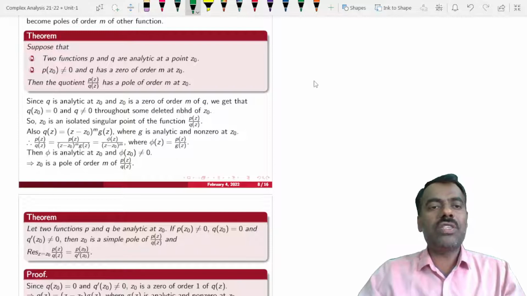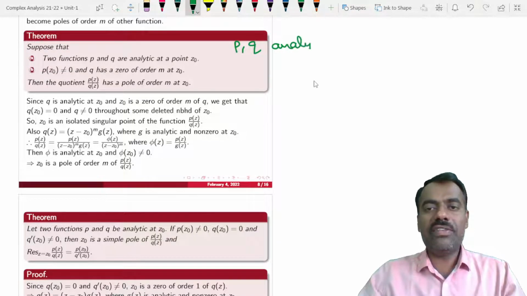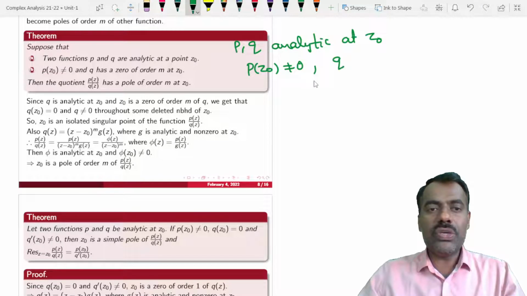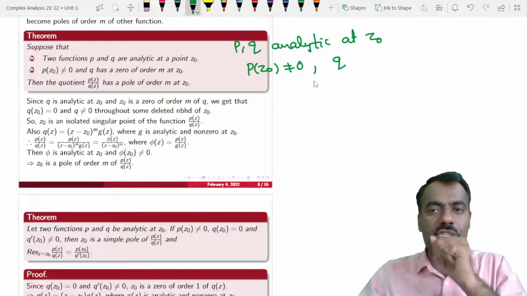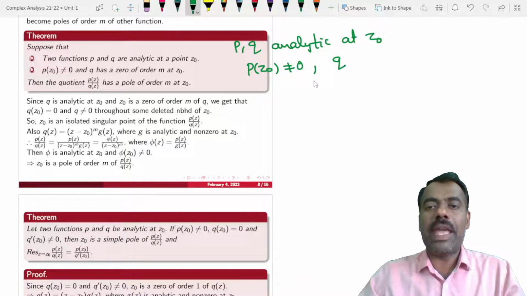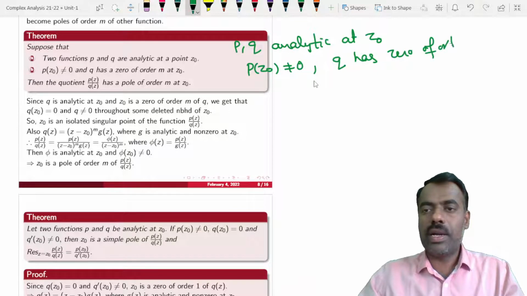Suppose we assume that P and Q are analytic functions at z naught, and P of z naught is not equal to 0, and Q has a 0 at z naught of order m.